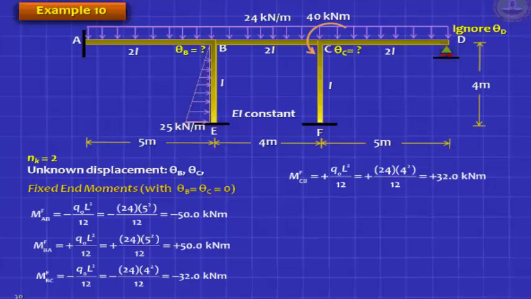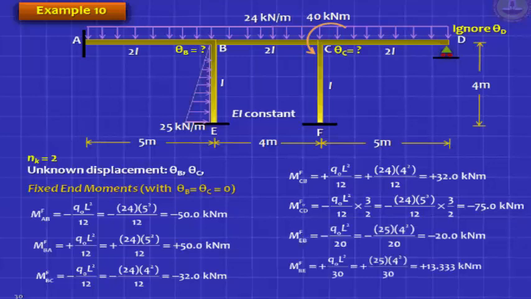For CD, you have to correctly write it as MF naught CD and take 1.5 times the fixed end moment. So minus 75. And for BE, the formula is minus Q naught L squared by 20, where the loading is maximum, and Q naught L squared by 30, where the loading is 0. So these are formulas you need to apply. We've got the fixed end moments.